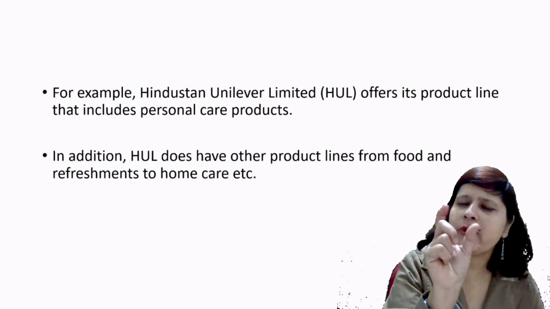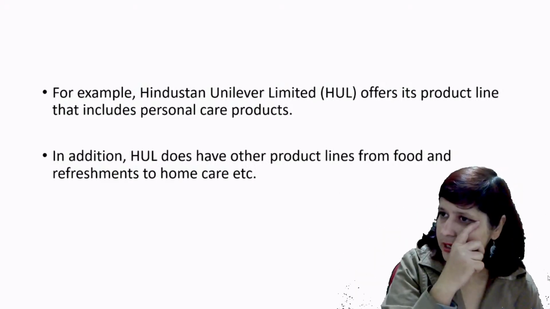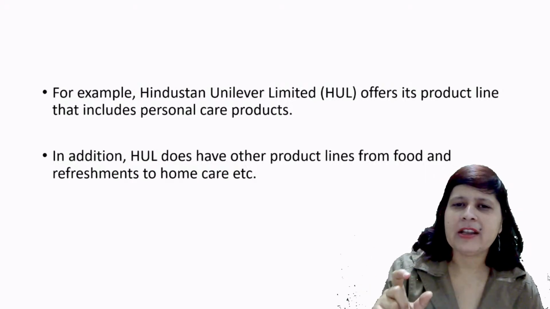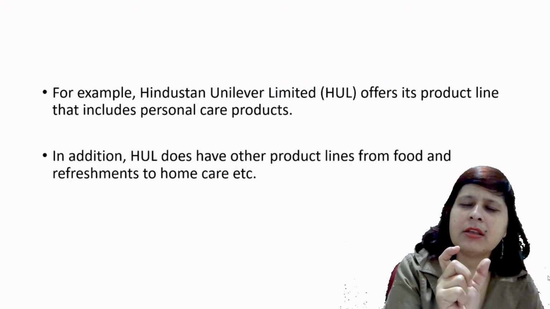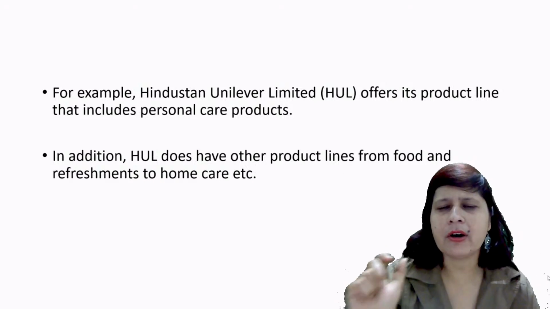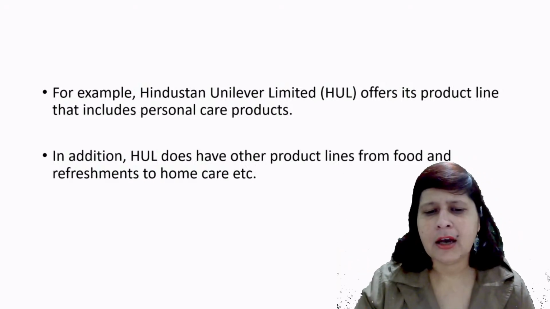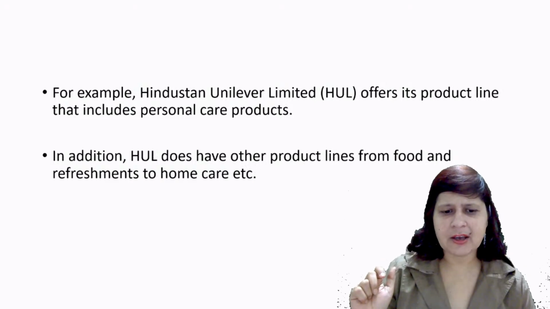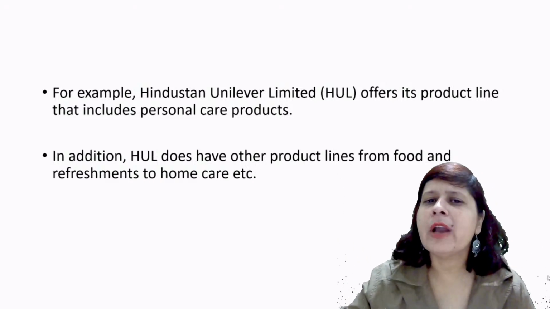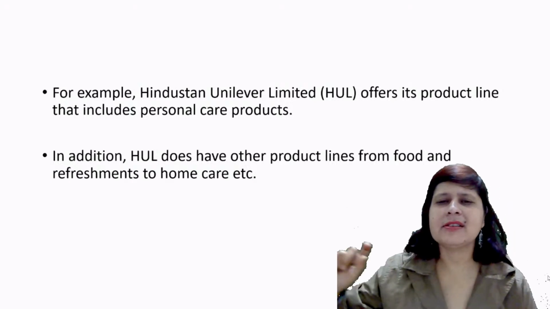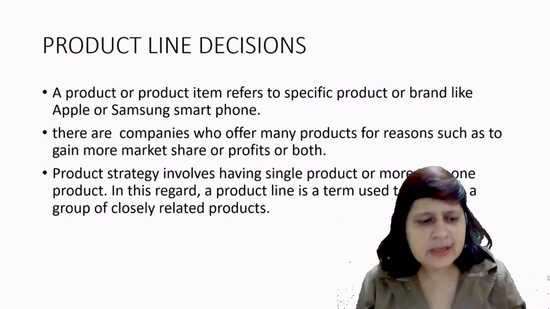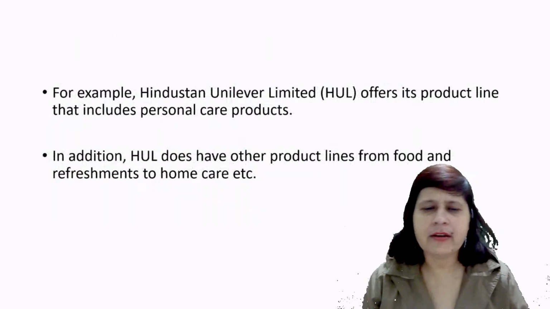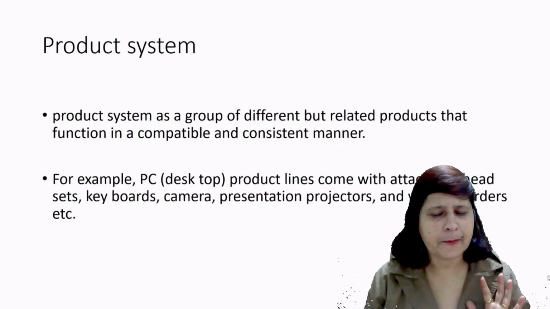Understand this product line when we categorize the products, right? You might have seen on Amazon and others, they have categorized the products under some headings, like whether you want to purchase groceries, household or kitchen items, beauty care or personal care products, food and beverages, or electronic goods, right. All these are product lines. A product line describes a group of closely related products.